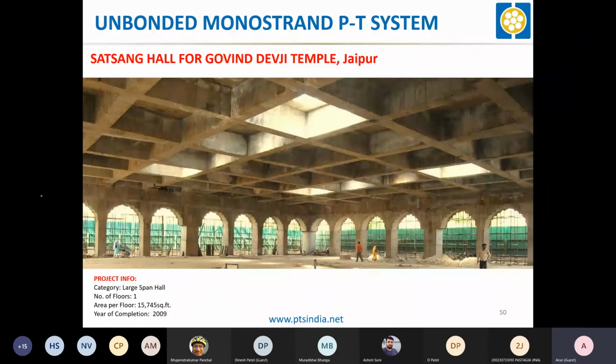It was constructed in 2009 and is working well in Jaipur. To add on this project, it won a Guinness World Record in those days for bearing the largest flat roof in the world.